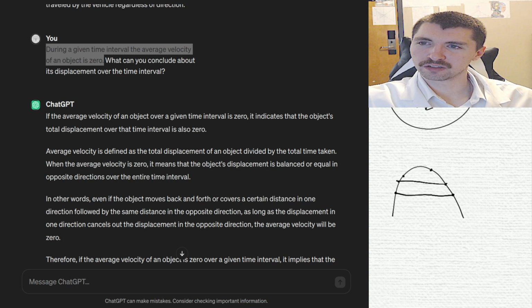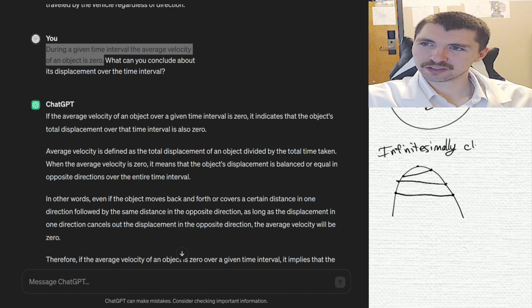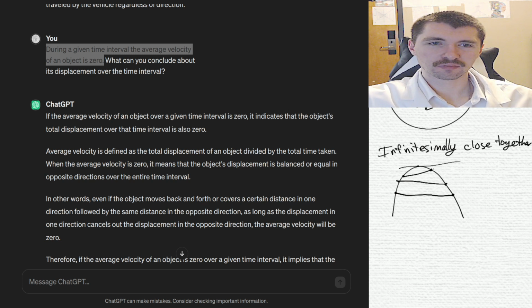And then when the points between these two are infinitesimally close together, that means it's at rest.